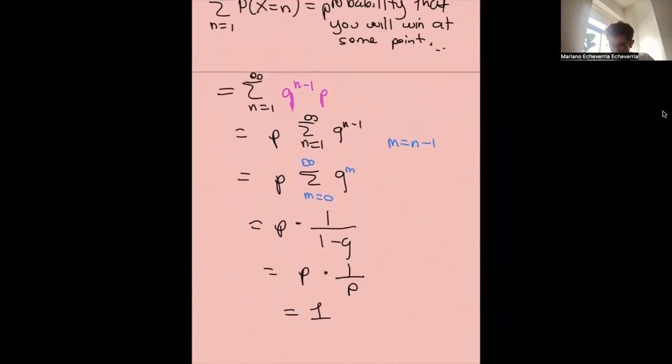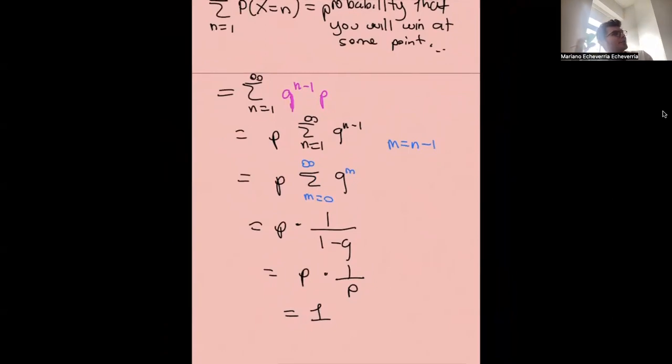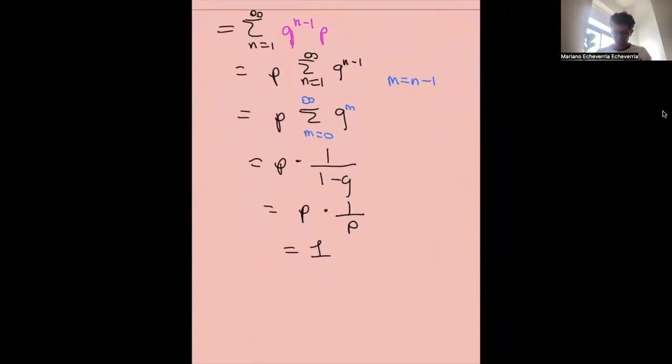So what this is saying is that if you do infinitely many experiments, you will win at some point, right? Because with probability 1, you get a success, which is kind of reasonable. If you wait an infinite amount of time, in a sense, you will eventually see a success. If you do the experiment infinitely often, you will win eventually, at least once.